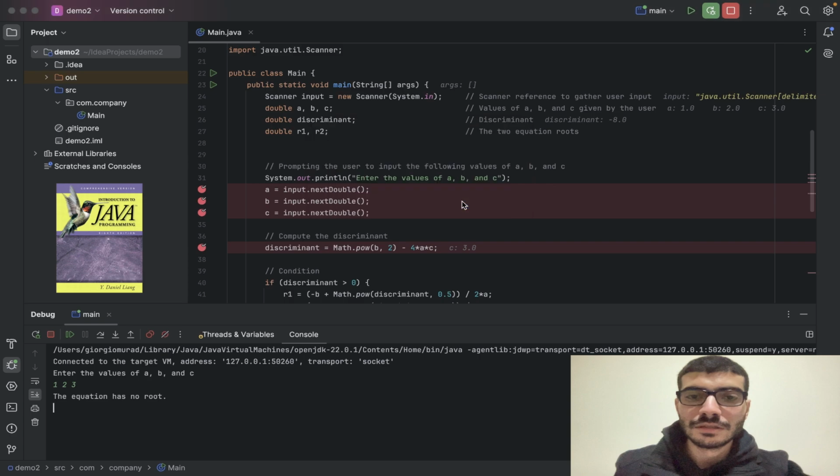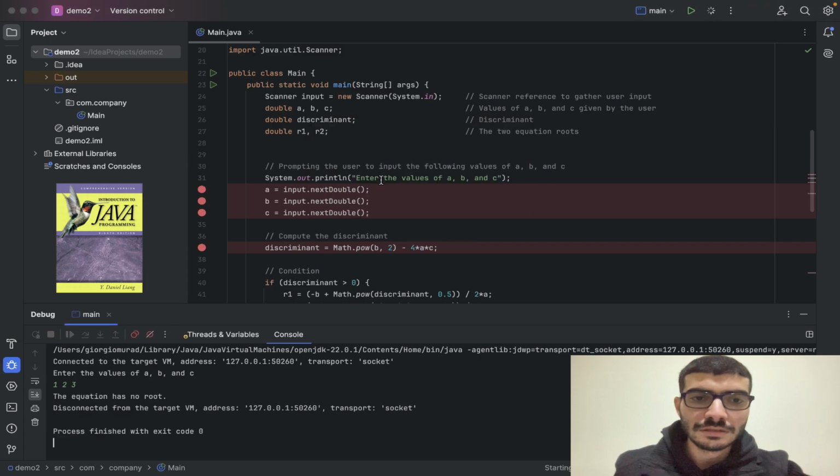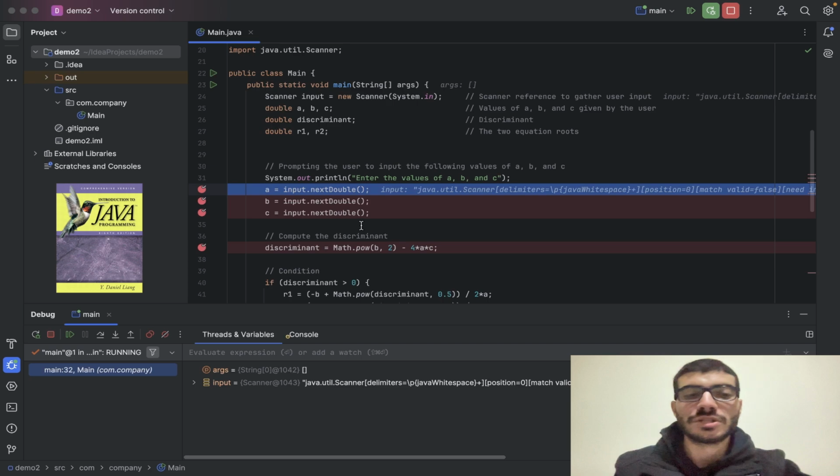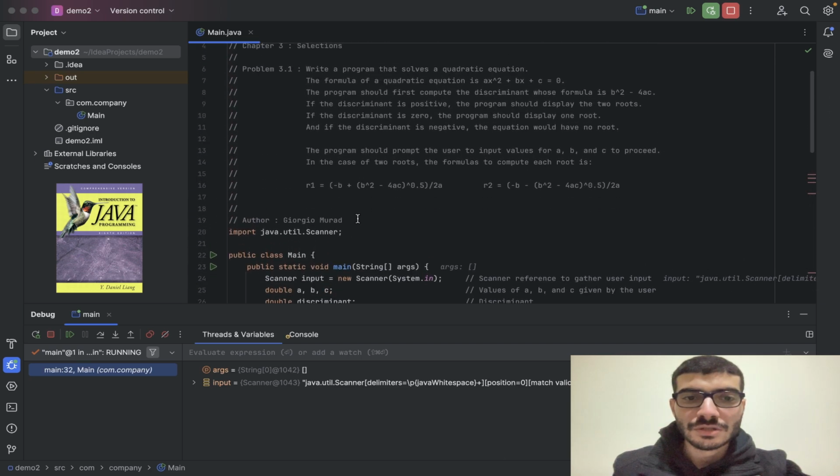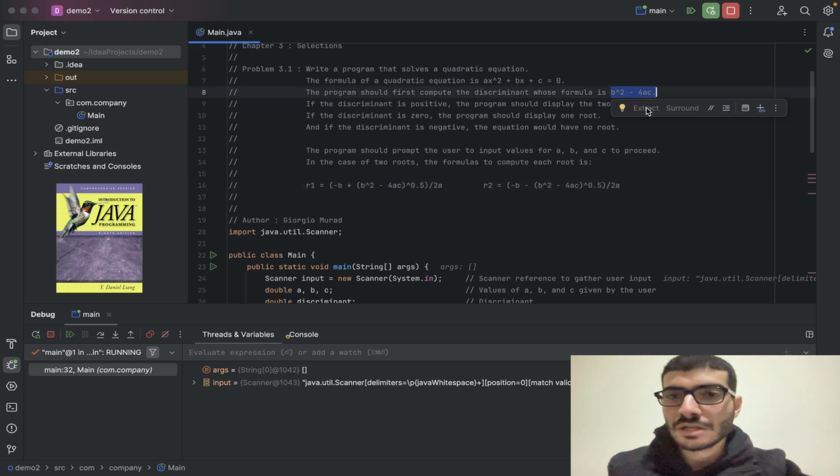Now let me run this again to try setting the discriminant to 0. So this is the formula for the discriminant.